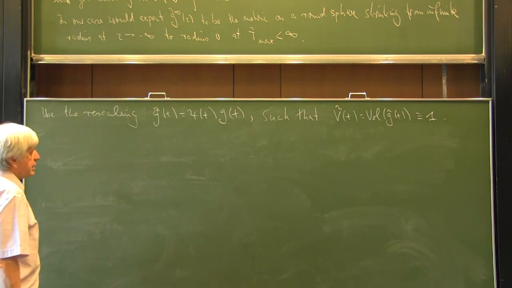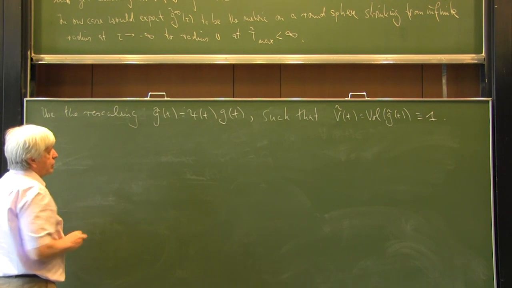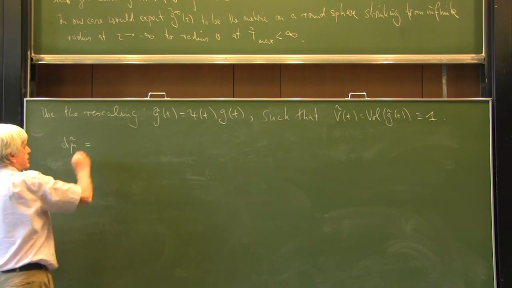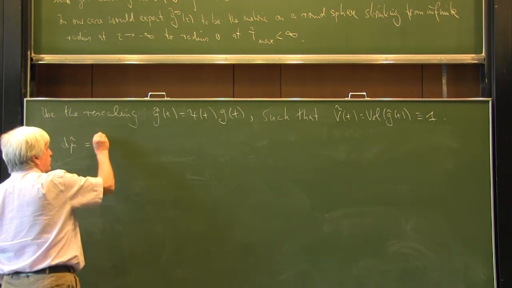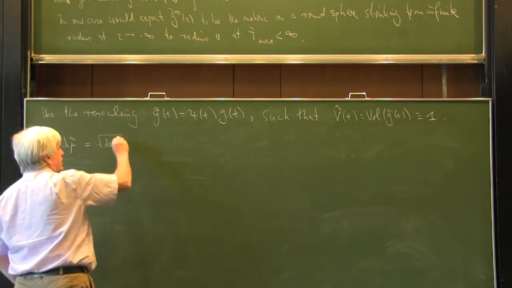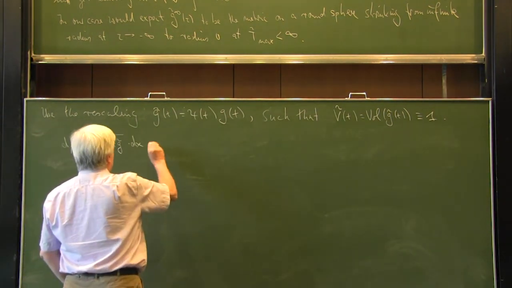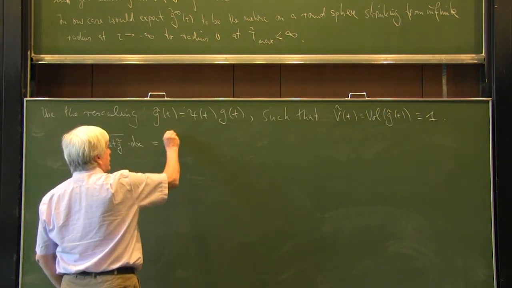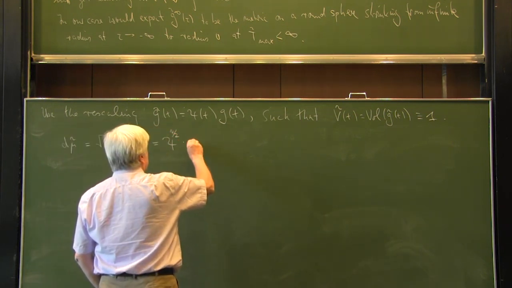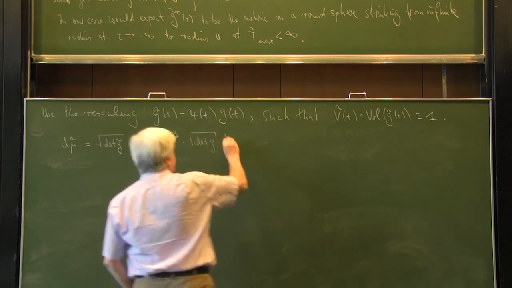Now, what is the time derivative of the volume form, right? So d v tilde is the square root of the determinant of g tilde times dx in local coordinates, and this is, of course, psi to the n over 2 times the square root of the determinant of g times dx.